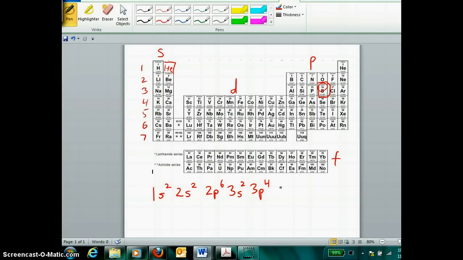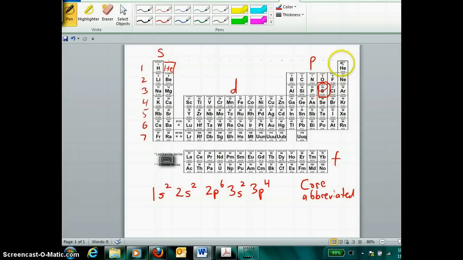Now there's another way I could represent this configuration using what's called the core abbreviated method. And it does shorten up electron configuration, so we don't have to write as much. And the way we use the core abbreviated method is, first of all, we determine the atomic number of the element we're interested in, 16 for sulfur.